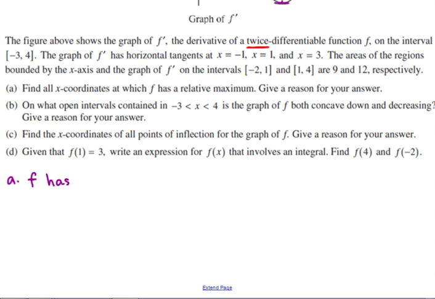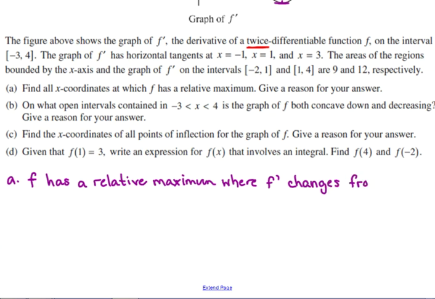F has a relative maximum where f prime changes from what to what? From positive to negative.